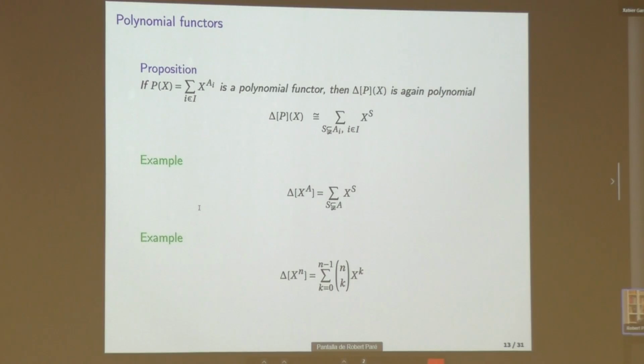And if a is a finite cardinal, then we can group like terms together and get this formula here, and this is n choose k, the binomial coefficient. So this is a generalization of the example I gave with x cubed.